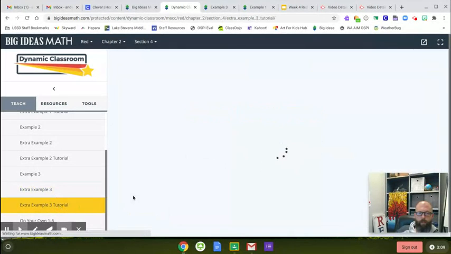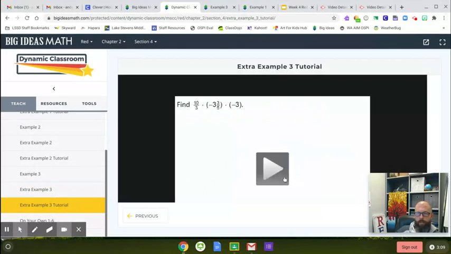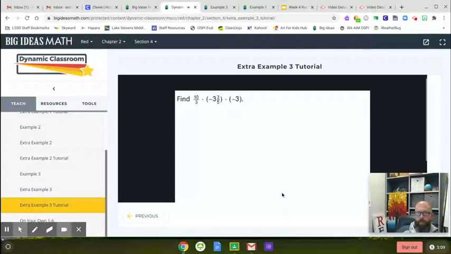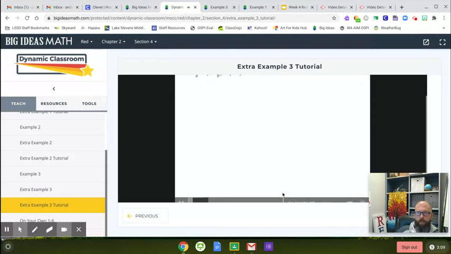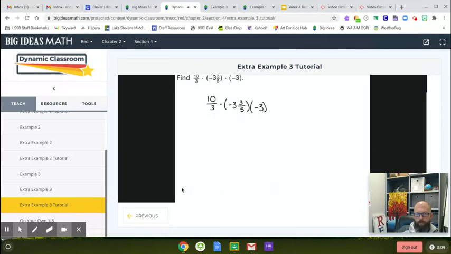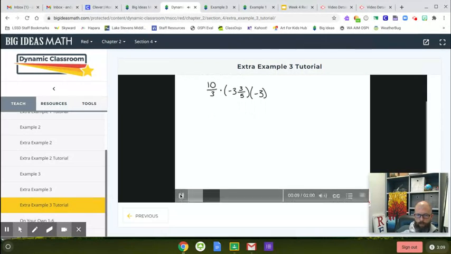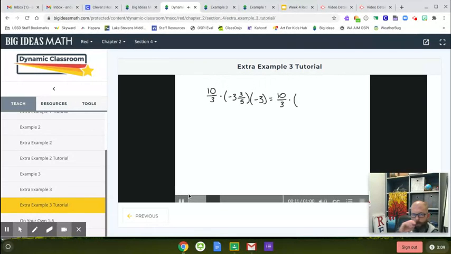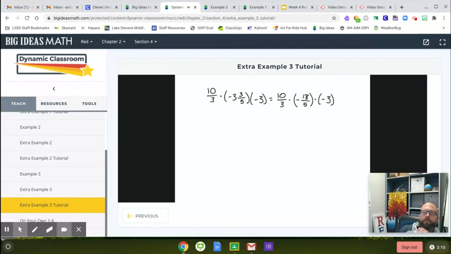To solve this problem, you first want to rewrite -3 and 3 fifths as an improper fraction. -3 and 3 fifths as an improper fraction is -18 fifths. Now you want to use the commutative property of multiplication to rewrite the product so that it is easier to find. Rewrite the product as 10 thirds times -3 times -18 fifths. Then 10 thirds times -3 is -10.